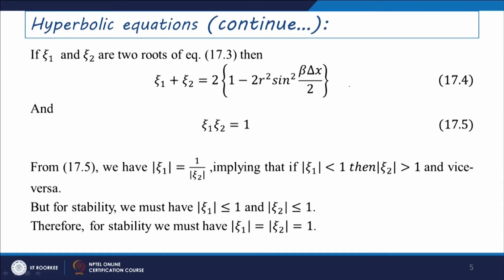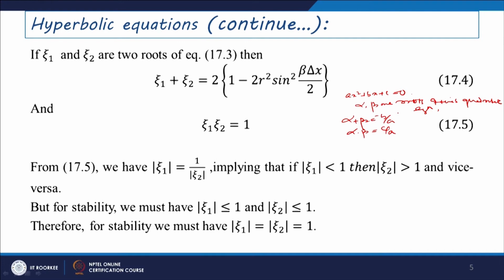So, if the equation is in the form of ax square plus bx plus c equals 0, usually if alpha and beta are roots of this quadratic equation, then we write alpha plus beta equals minus b by a, and alpha into beta equals c by a.